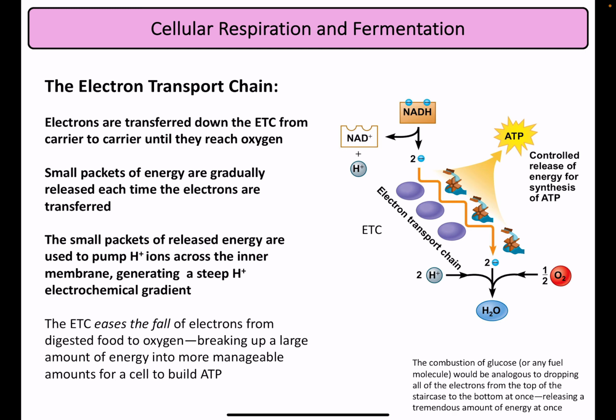So what happens at the ETC? Well, first, our shuttles are going to, like I said, release their pairs of electrons. Second, those electrons are going to get passed from complex to complex, or from protein complex to protein complex, down the ETC, until eventually those electrons get passed to oxygen.